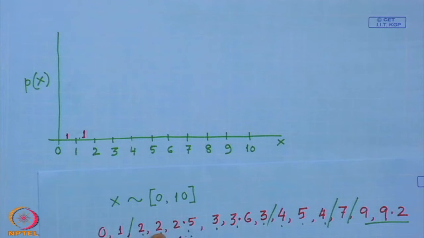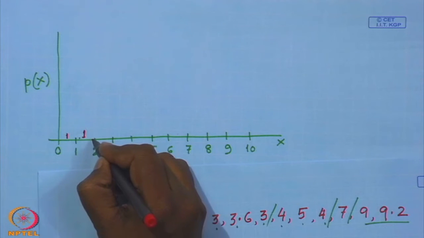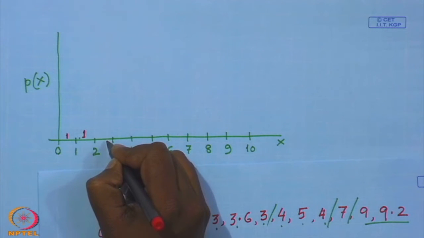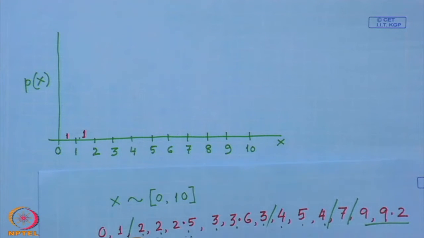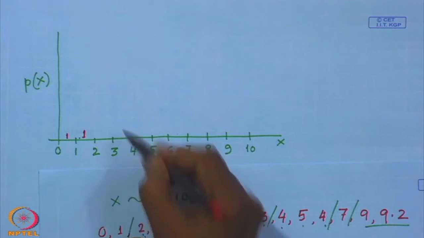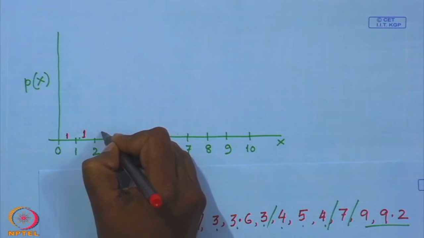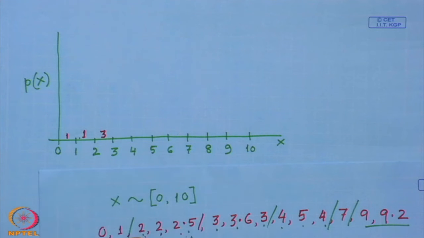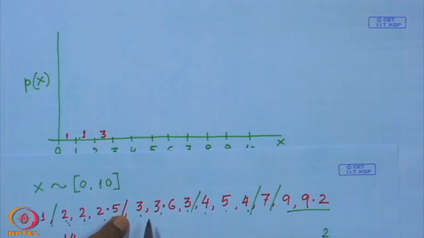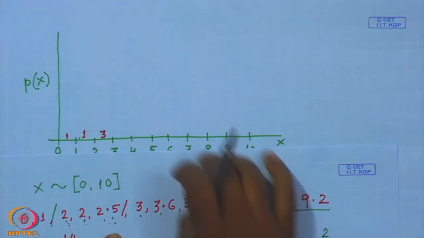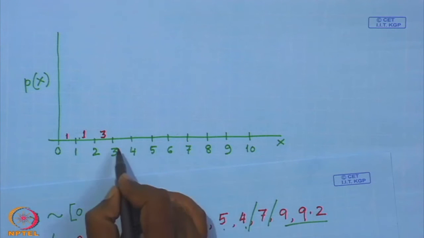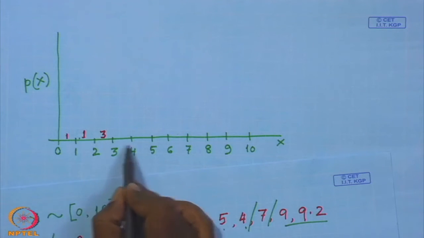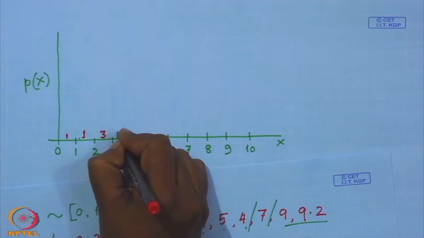Then 2, which is on the boundary, I will assume that it falls in the next bin. So, the next bin contains 2, 2 and 2.5. These are the samples contained in the next bin, so the next bin contains 3 samples. Then comes 3, 3.6 and 3 again. These are the 3 samples which fall in the bin having the bin boundaries 3 and 4. So, I will have 3 samples over here again.